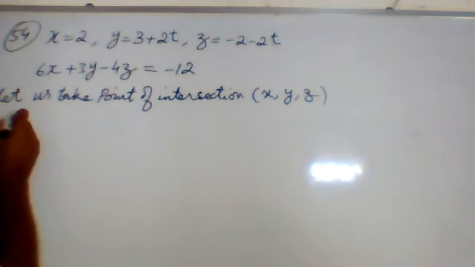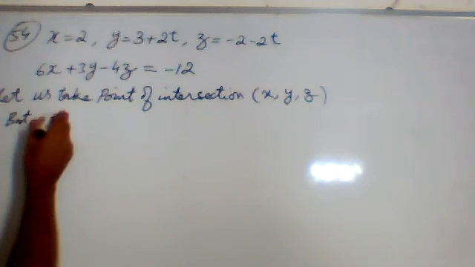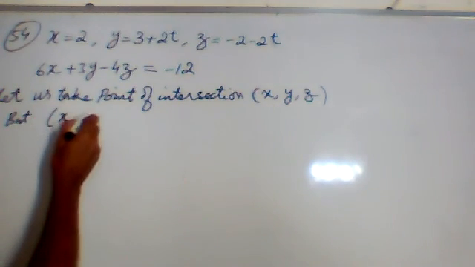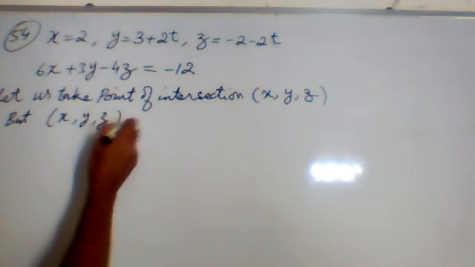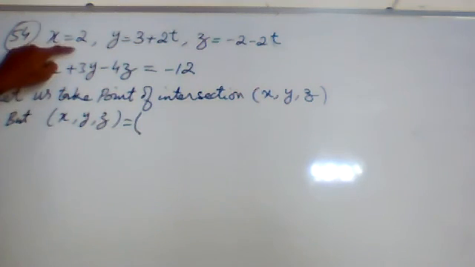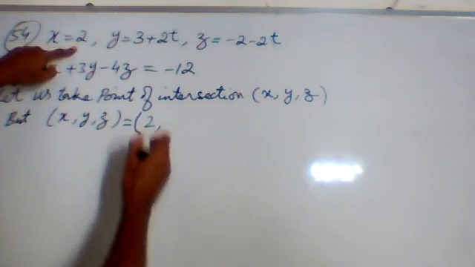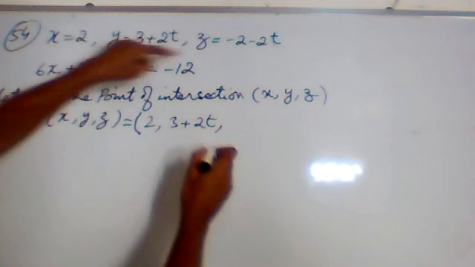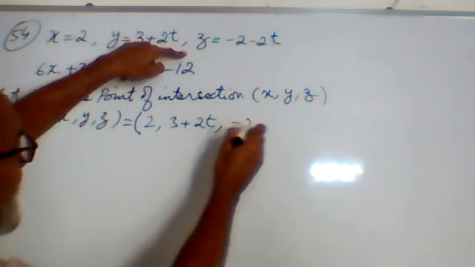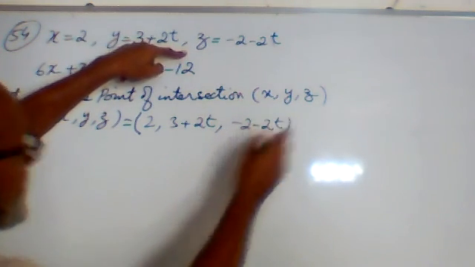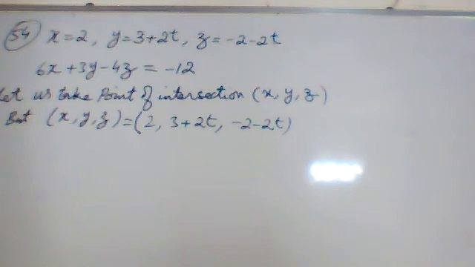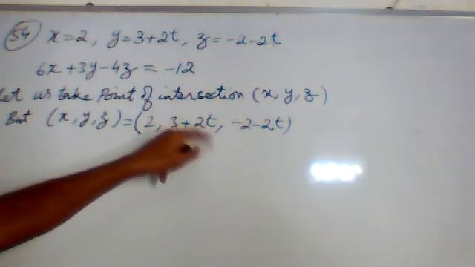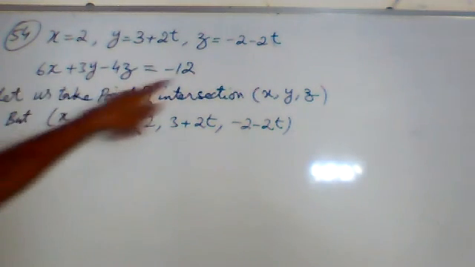But x is equal to 2, y is equal to 3 plus 2t, and z is equal to minus 2 minus 2t. These values of x, y, and z will be substituted in the equation of the plane.